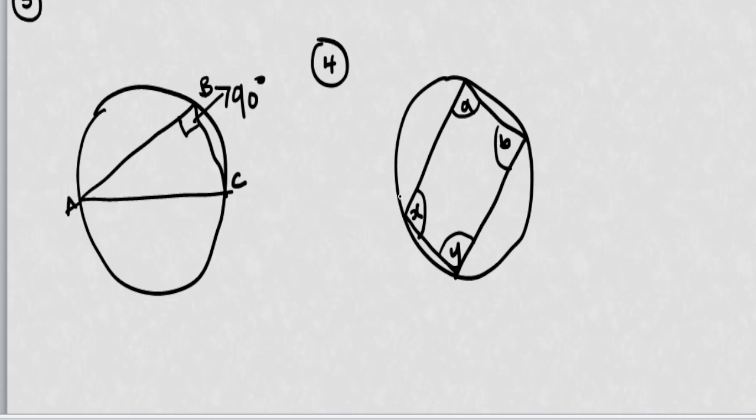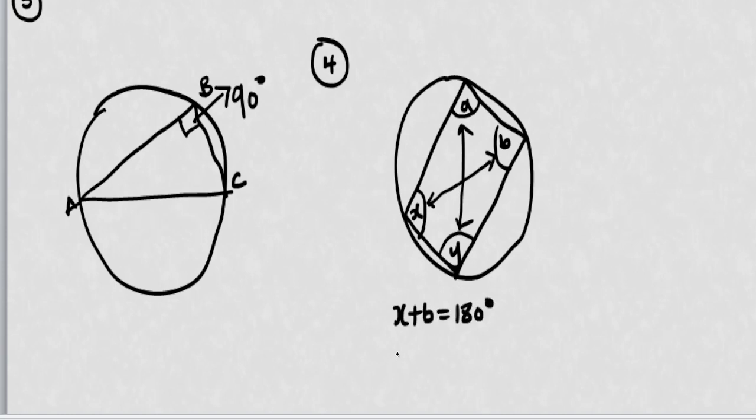What does that mean? Look at this: angle x is opposite to angle B, and angle y is opposite to angle A. Those two opposite angles, if you add them up, should give you 180 degrees. What it means is, if I say x plus b, I should get 180 degrees.